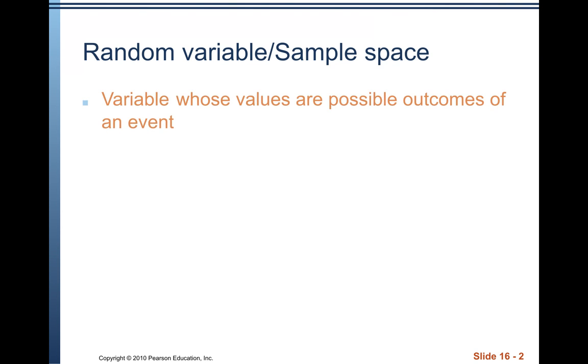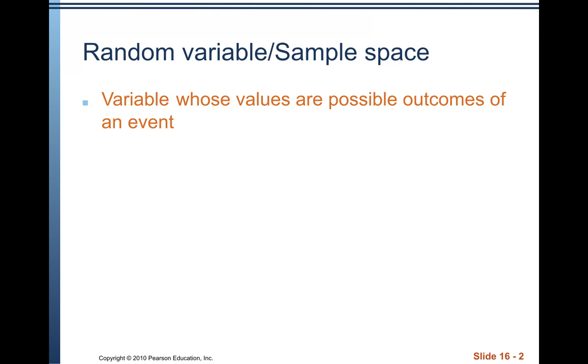First important term in chapter 16 is the term random variable or sample space. They both kind of mean the same thing. Sample space is a term you may have heard before. A random variable is a variable whose values are possible outcomes of an event.